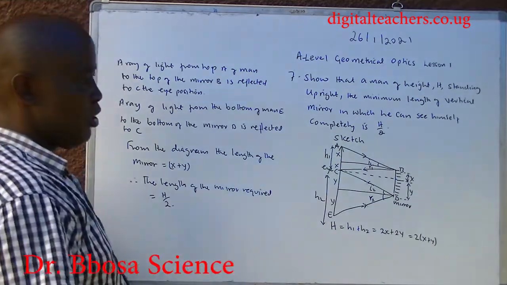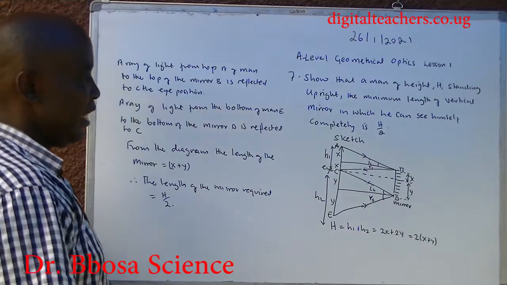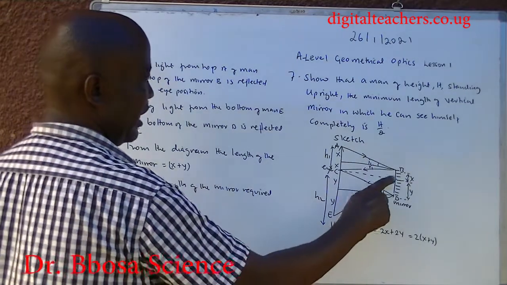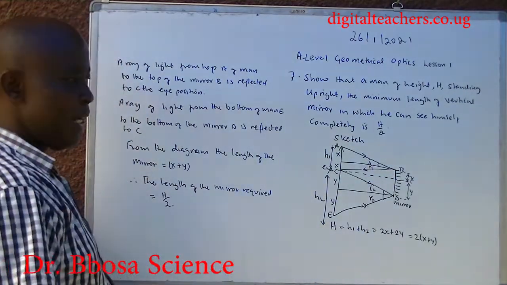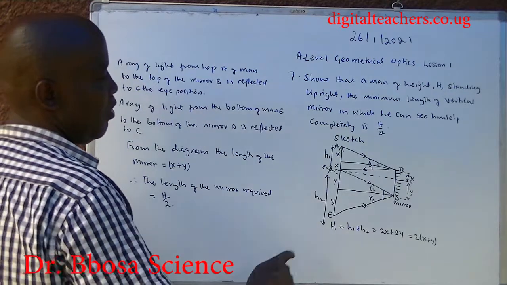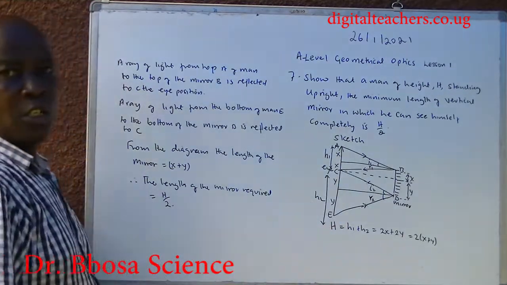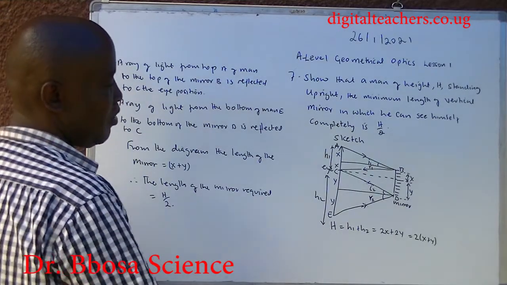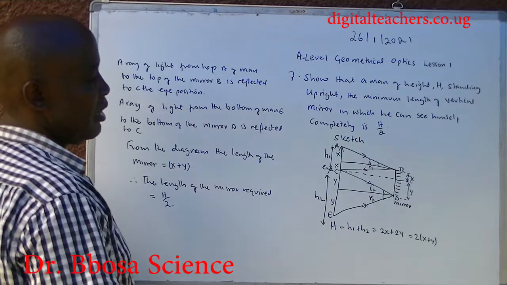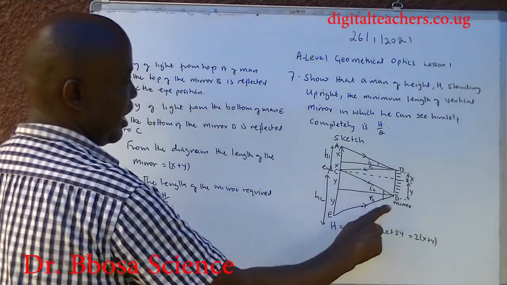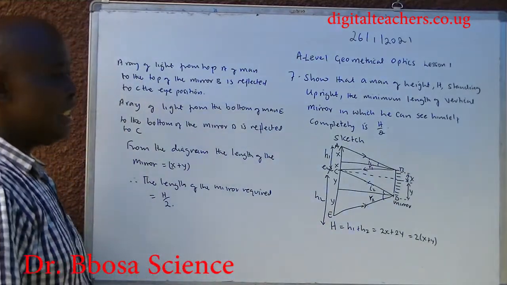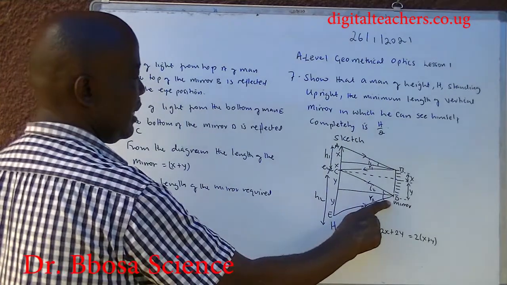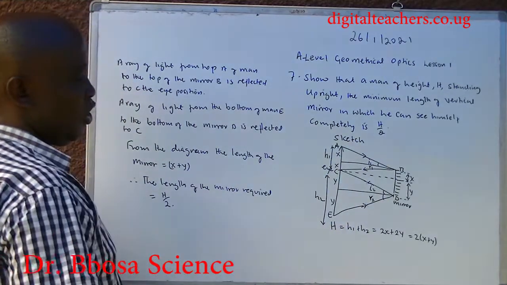The ray from the top of the head A is reflected from the top of the mirror B along BC to the eye. A ray from the bottom of man to the bottom of the mirror is reflected along DC to the eye.